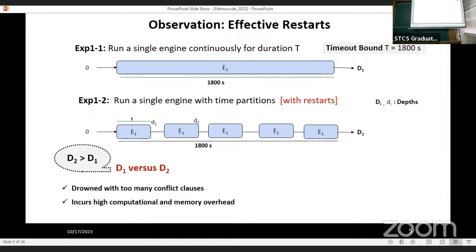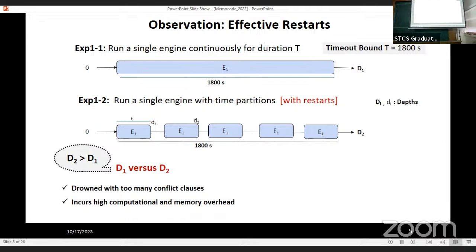And very interestingly, what we saw is these restarts indeed give you the ability to reach better depths. And a very intuitive explanation for this was when you run a BMC engine for so long, the SAT solver inside and the engine itself managing these data structures get drowned with too many conflict clauses.